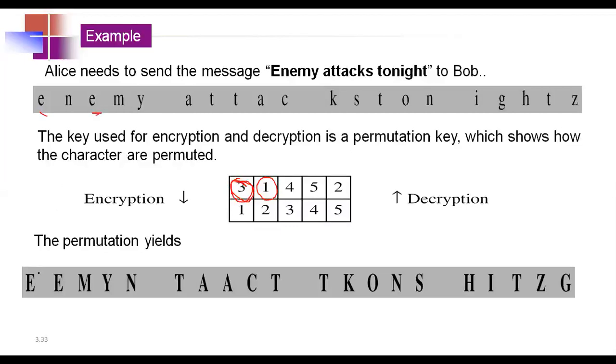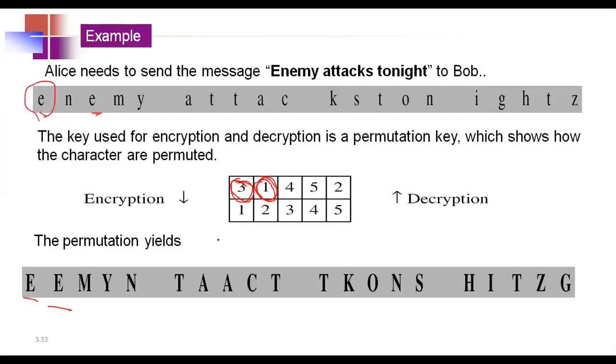This is E. Now the second one specifies that the second character in the ciphertext is the first character in the plain text, that is E.